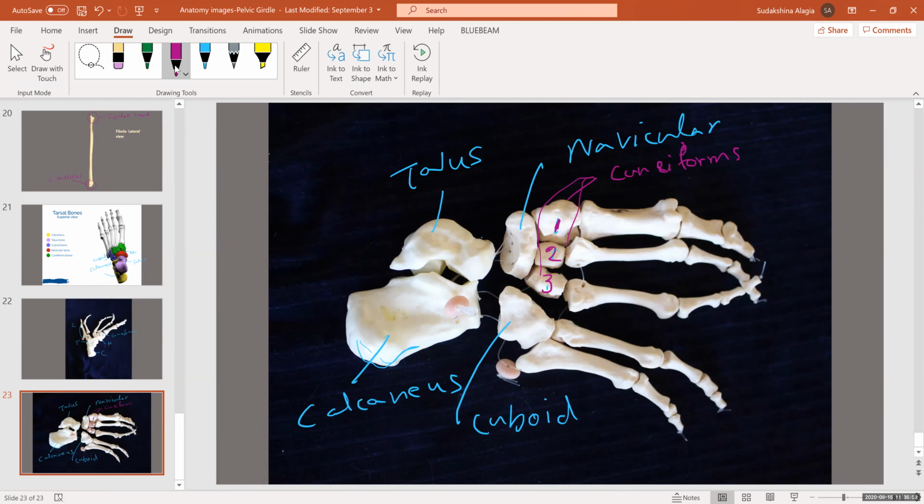Then much of our plantar arch is made by the metatarsals. Just like our palm is largely made by the metacarpals, our arch is largely made by metatarsals. So we got this. Let me use a different color.